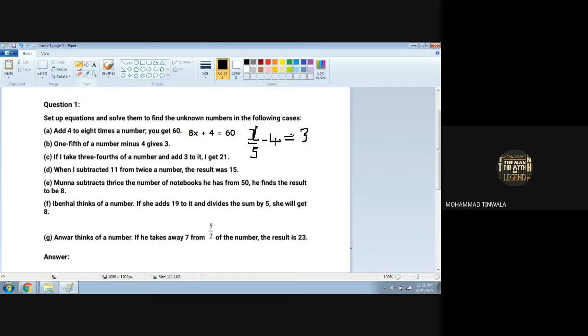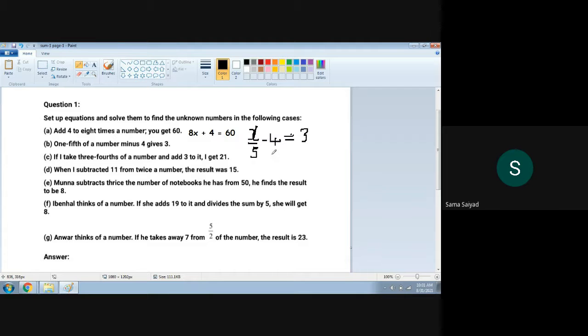Third one, who will read? Can I? Fatima, reading.